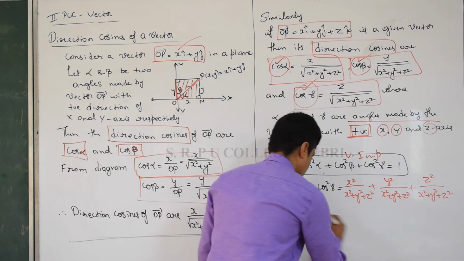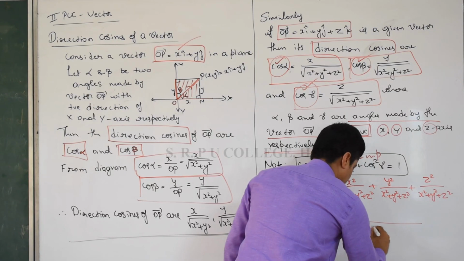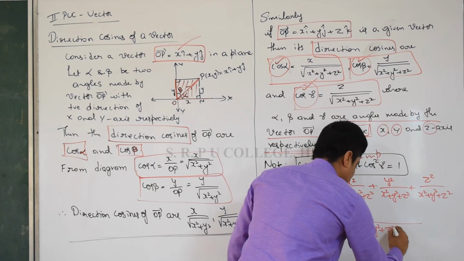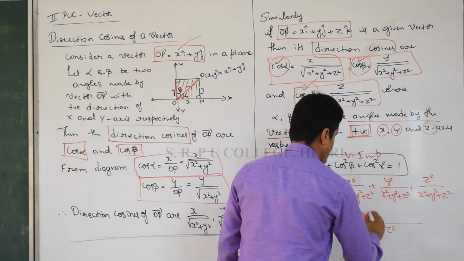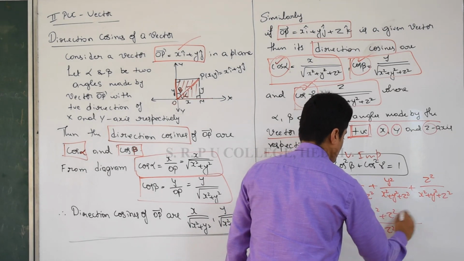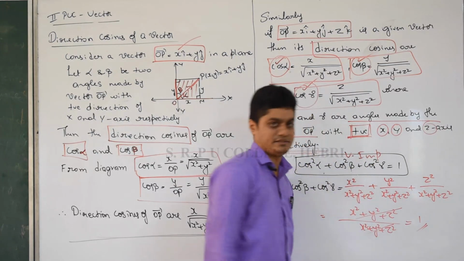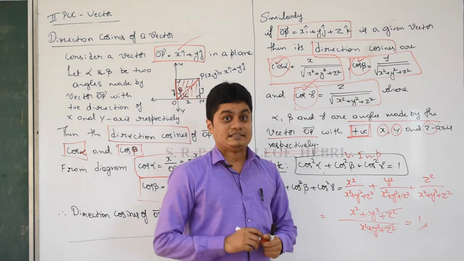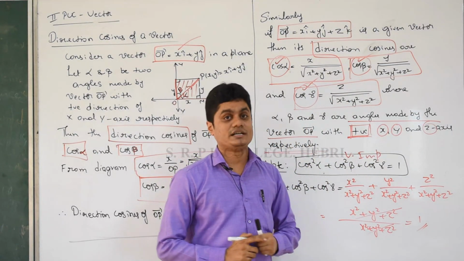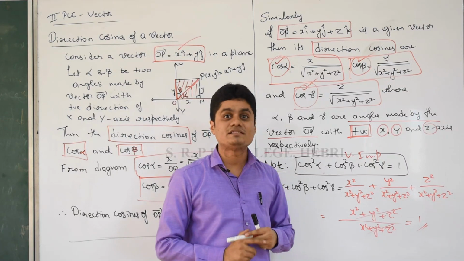The denominator is the same, so take it as a common denominator, x square plus y square plus z square. The numerator will be x square plus y square plus z square. So they cancel. What is remaining? 1. That's it. So remember, the sum of squares of direction cosines of a vector is always equal to 1.